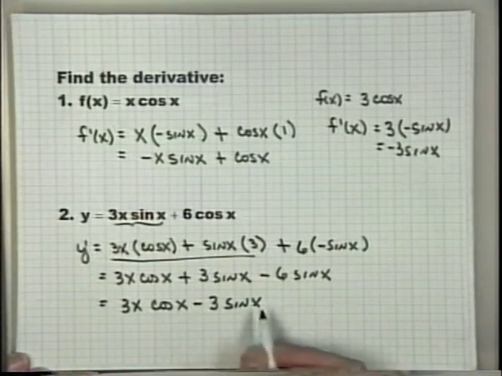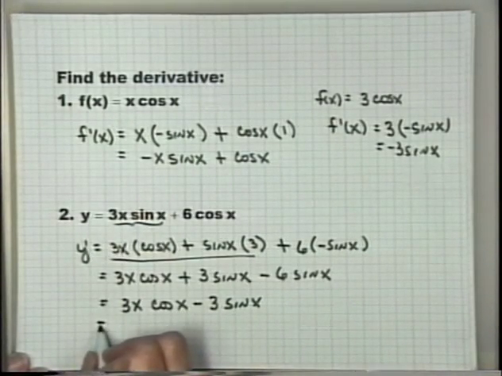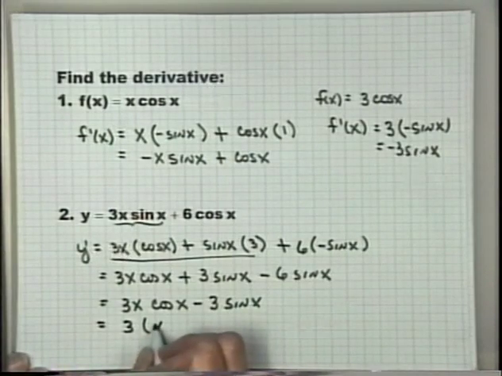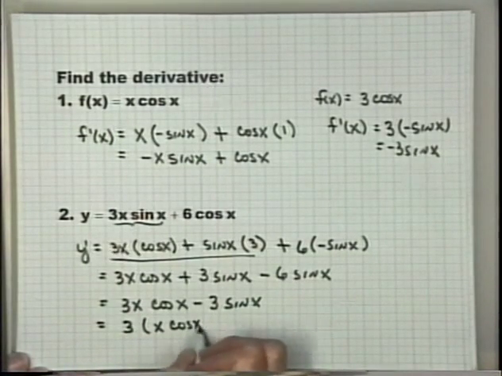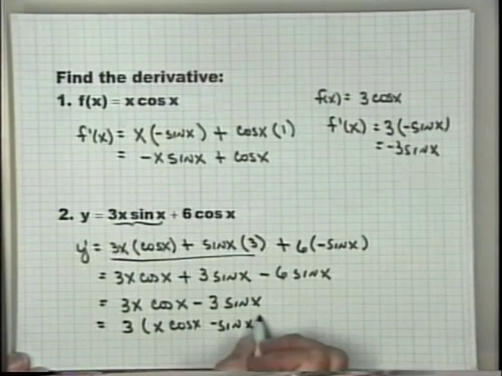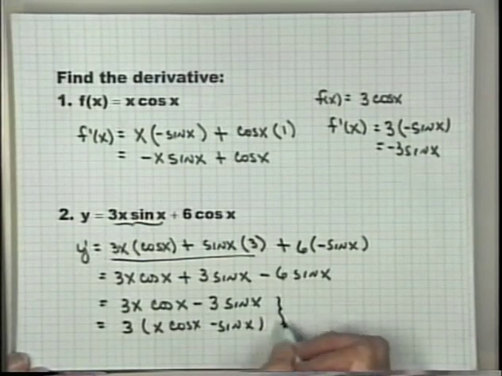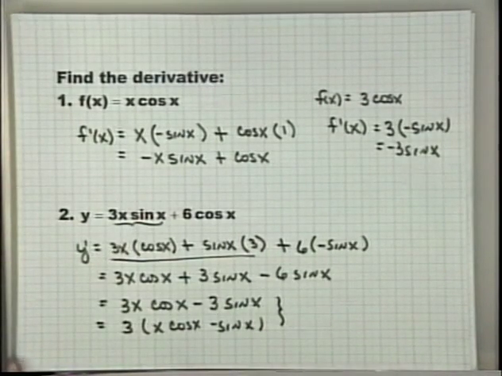Now you can leave your answer like this, that's fine. Sometimes, however, you will see in some texts that they might factor that 3 out and write the final answer like this. Either of these last two forms is an acceptable form for the answer.